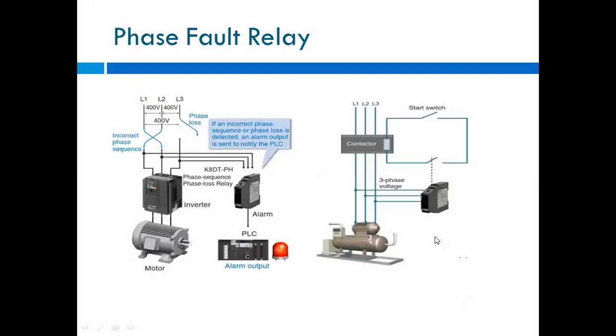The next one is the phase fault relays. For example, if there are faults between the lines or between the phases, suppose L1, L2 and L3 lines are there, and one line is broken or there is a phase loss, then this phase fault relay will work.